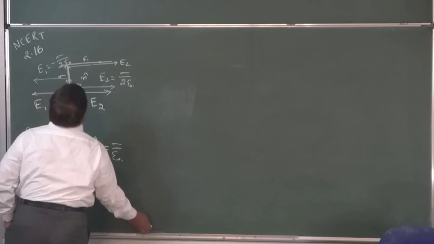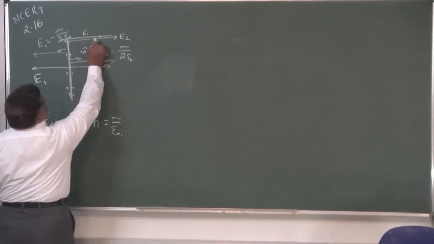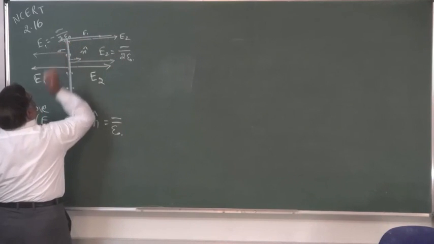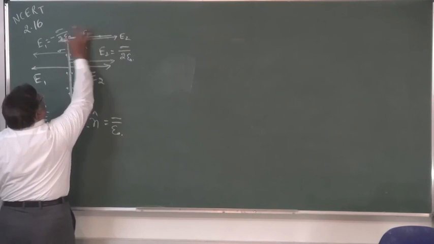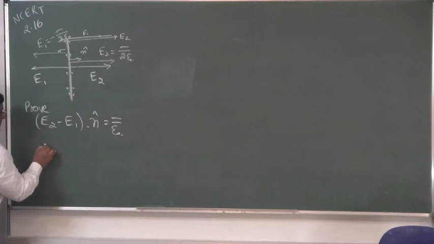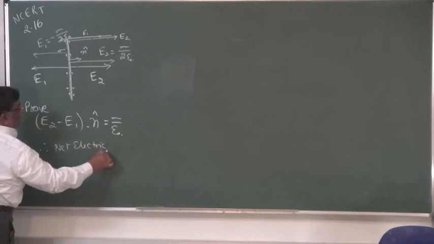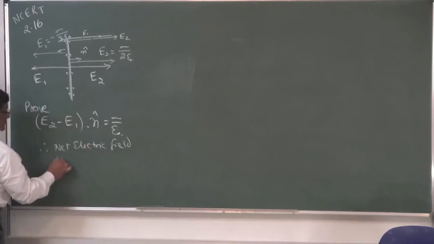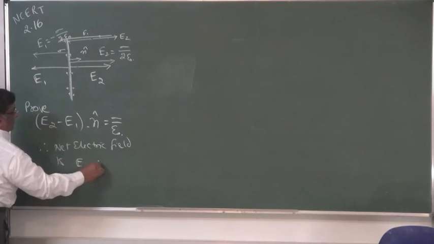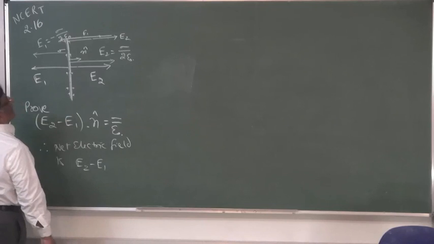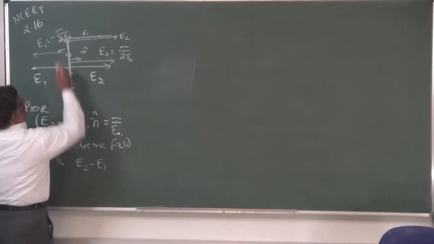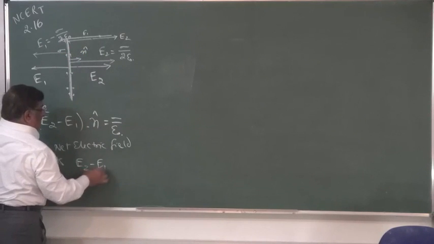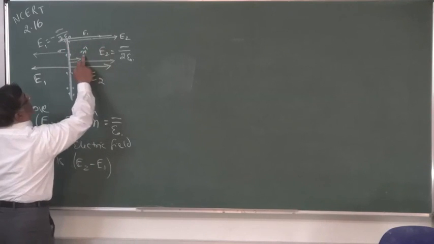Here, it is under effect of E2 and this is in this direction, so we can write it minus E1, minus in this direction. So net electric field is E2 minus E1. And what is the direction? Whichever is the strong one. So this is the direction because it is on this direction.